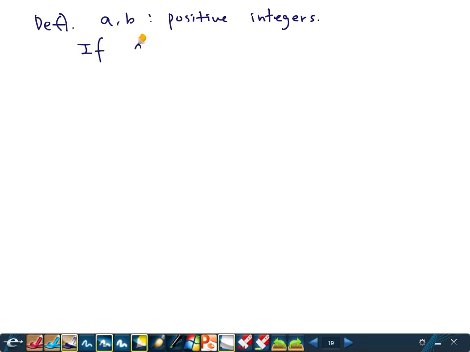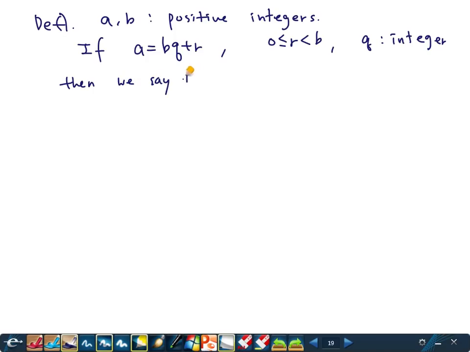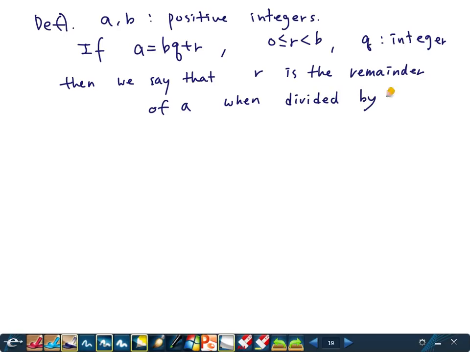If a is equal to bq plus r, where r is an integer between 0 and strictly less than b, and q is any integer, then we say that r is the remainder of a when divided by b. And q is called the quotient.